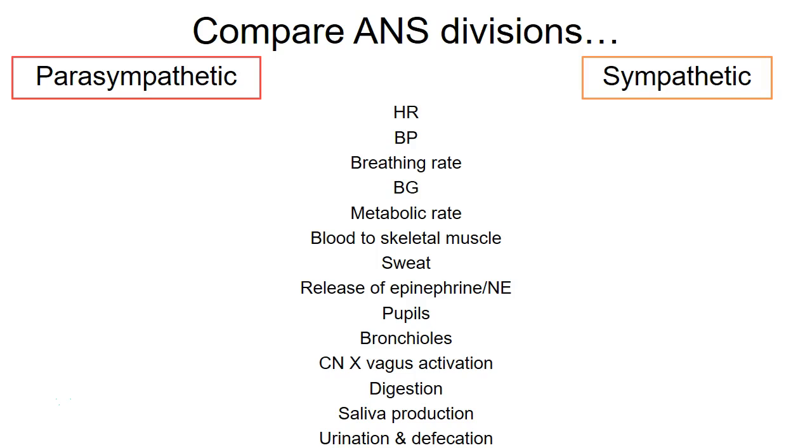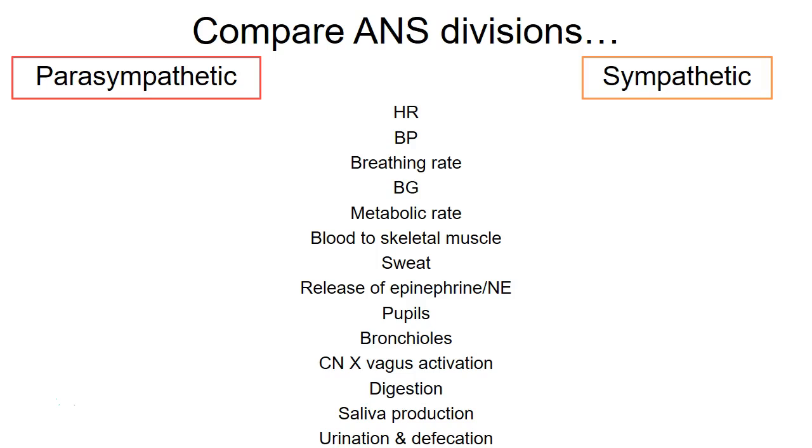Pupils. Let's talk about pupil diameter. Should we see that go up or down? Should go down here. Let me write pupil diameter so you guys are clear about that. The pupil diameter should go up over here. Bronchioles, so bronchial diameter. For the parasympathetic, what would we expect? Down.